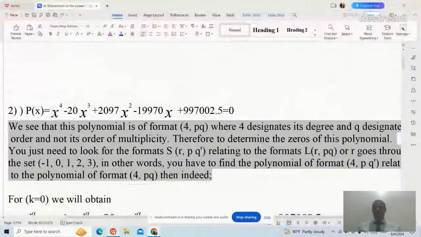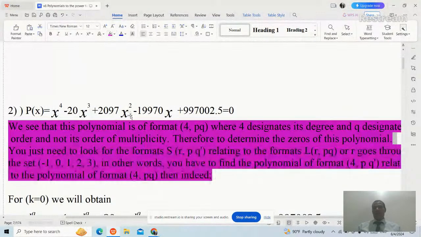So let's focus first of all on this polynomial to the power 4. I'll just start reading it.